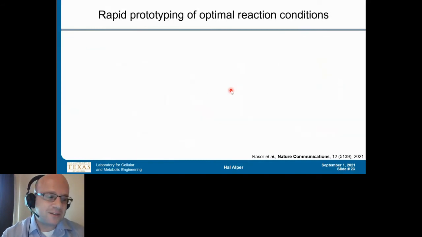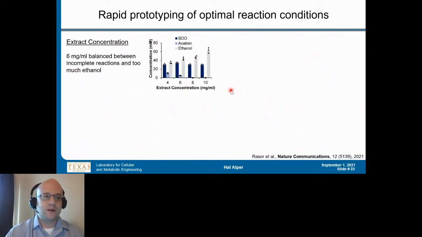The other thing that's beneficial, as I talked about in the introduction, is that we can rapidly prototype in ways that we can't do in vivo when we have an in vitro system. So we took this BDO lysate, and we can very quickly change the composition of proteins in there. By changing the extract concentration, we can see that something different happens. At lower concentrations, we tend to have a lot of our byproduct, this acetylene in that BDO pathway, being formed.